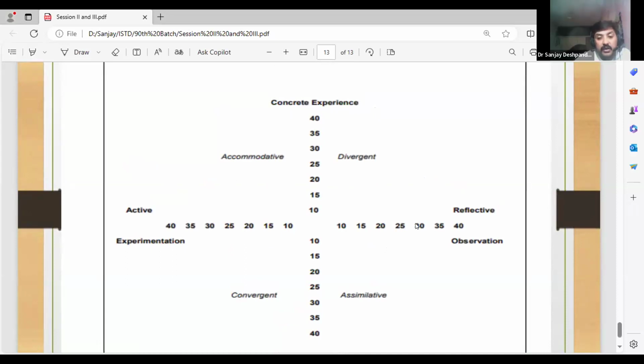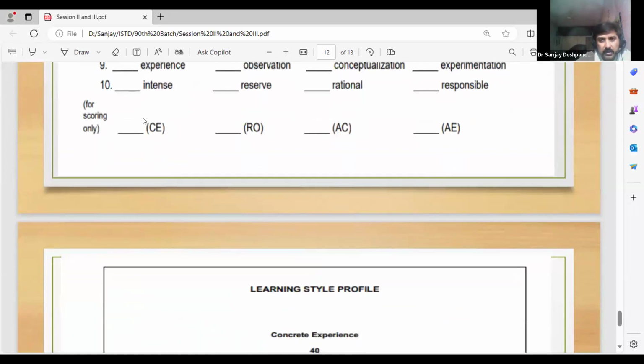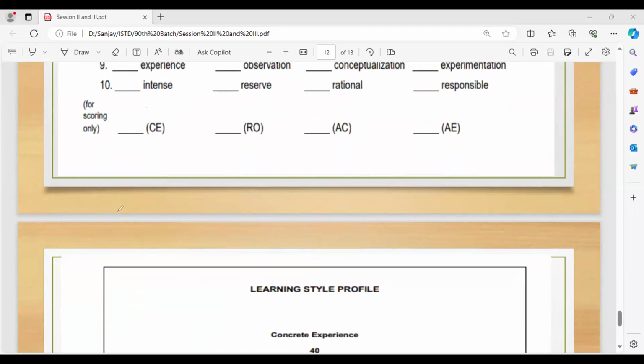Now look at this CE, the first column. You've got some score for this, right? Yes, sir.